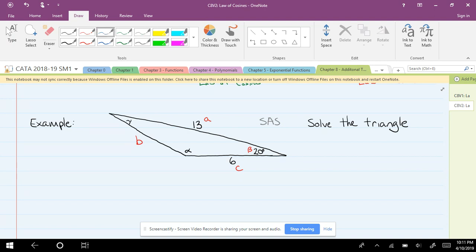So if I'm looking for the missing side B, I'm going to use this version of the law of cosines. And it's just a matter of substituting my values.